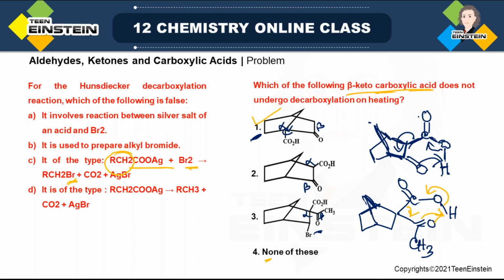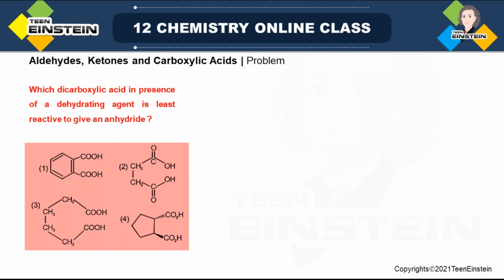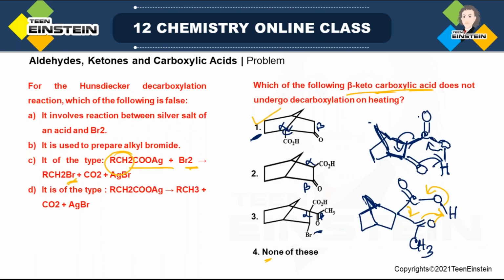So this is actually true, right? That is, the general equation is you take RCO2Ag and after reaction you get RX. So this R is RCH2 in our case, in option C. So that is why this is correct.